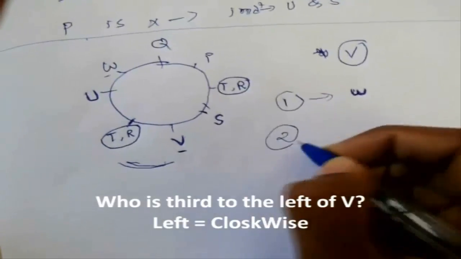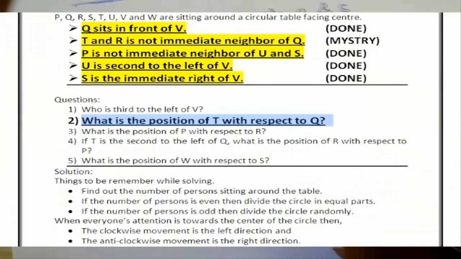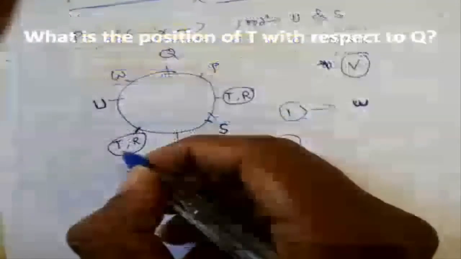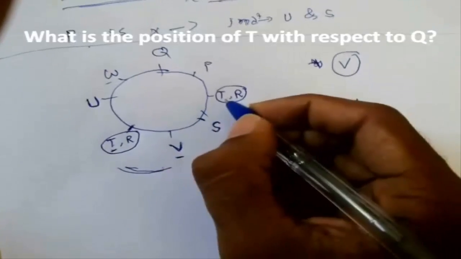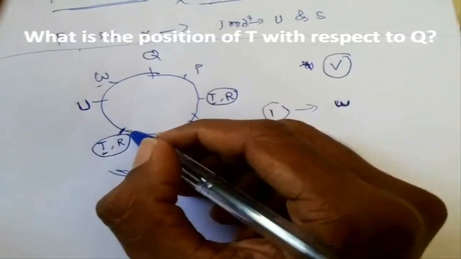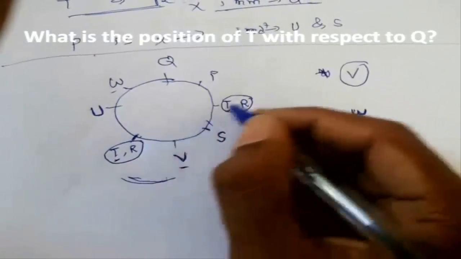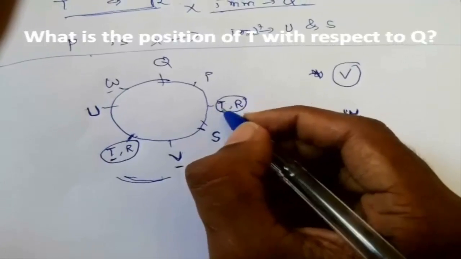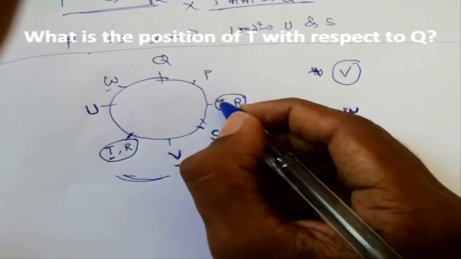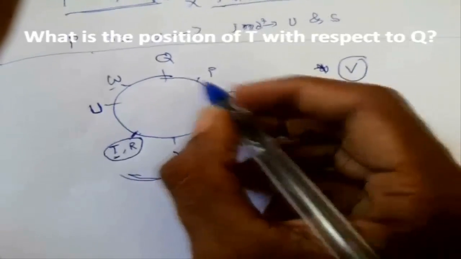Now the second question says, what is the position of T with respect to Q? Position of T. So we don't know where T is. It could be here or here also. So we have to find out for both the conditions. If T is here, then what is the position of T with respect to Q?